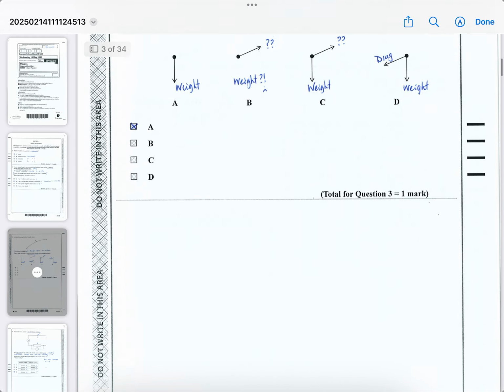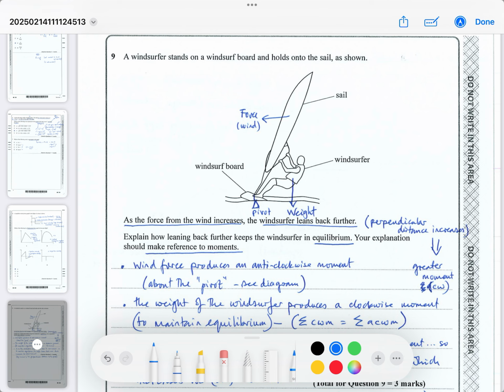Question 9 is to do with moments and equilibrium. So the first thing you need to know is the windsurfer stands on a windsurf board and holds on to the sail as shown. As the force of the wind increases, the windsurfer leans back further.